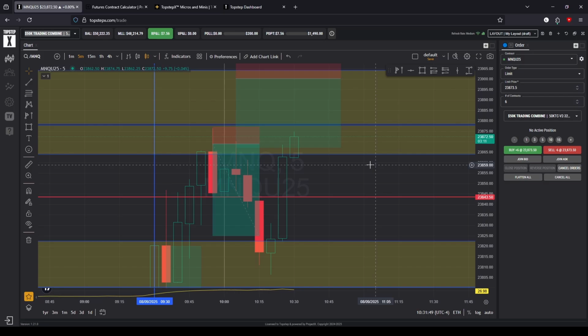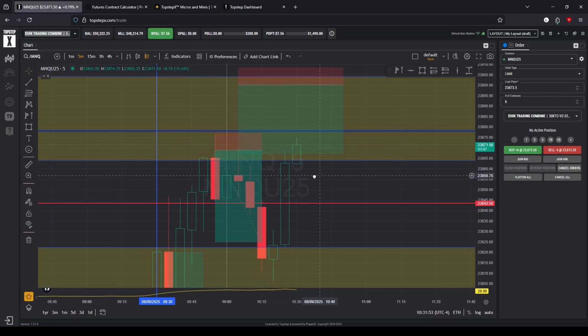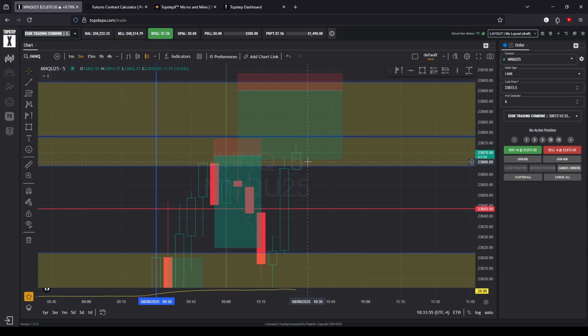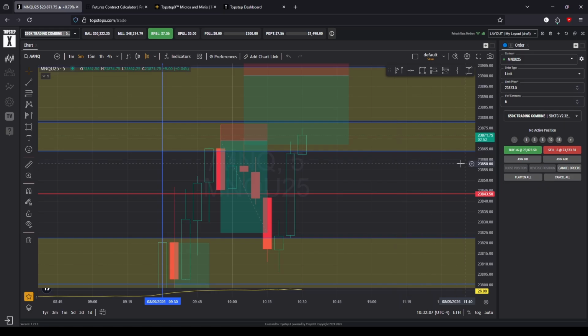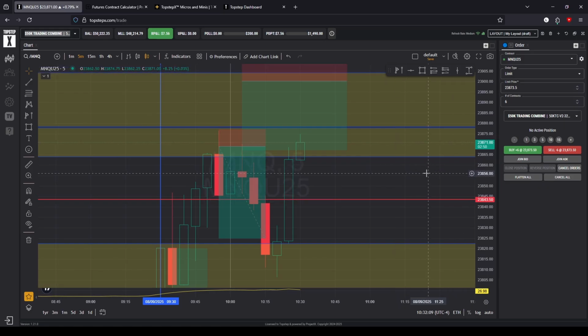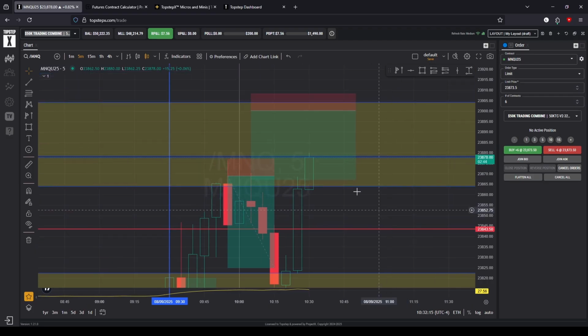I'm trying to not get FOMO. I'm still thinking about this trade back here. But like I said before, this zone is a bit run through. It has been tested many times, and usually when a zone gets tested many times, even if it's support and resistance, after 2 or 3 tests, you'd assume that it's going to break through.